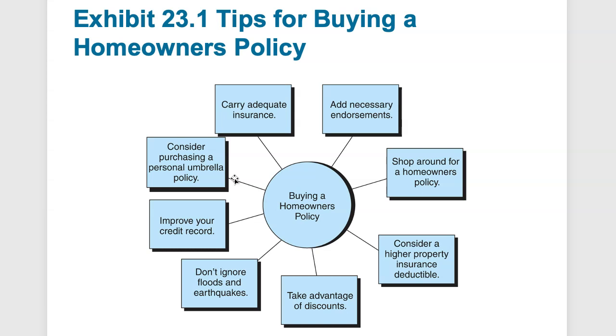A couple final things to remember about your homeowner insurance. Make sure you insure your house for the cost of rebuilding rather than the value of the real estate. So your real estate value of your house may be $2 million, but the rebuilding cost may only be $500,000. You only need the insurance to rebuild.